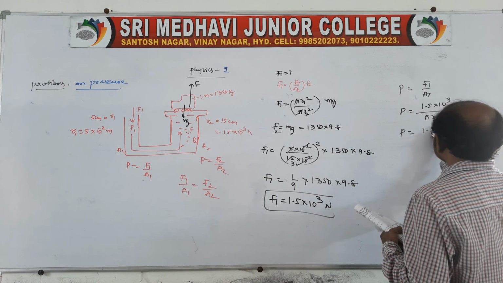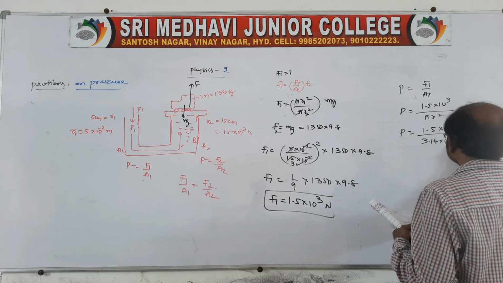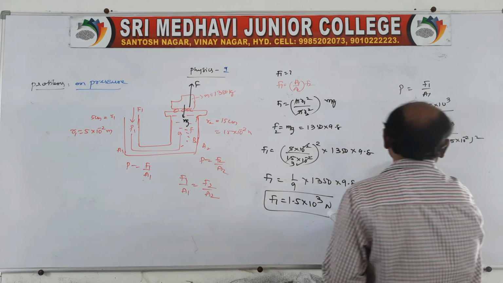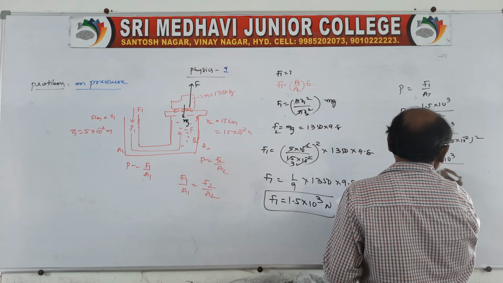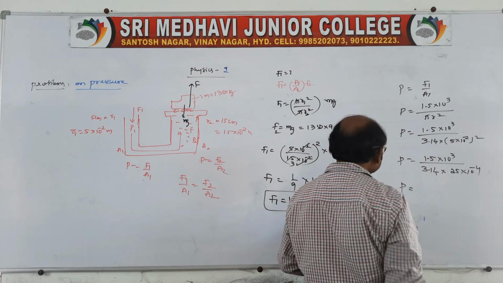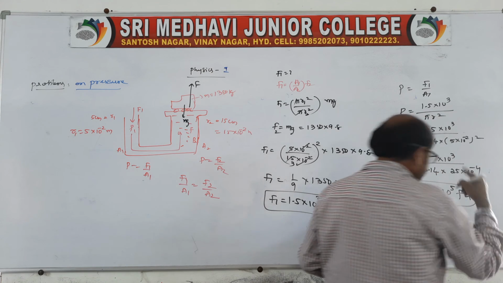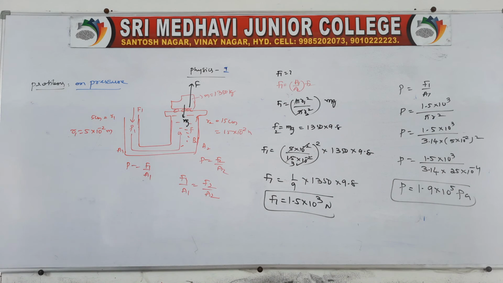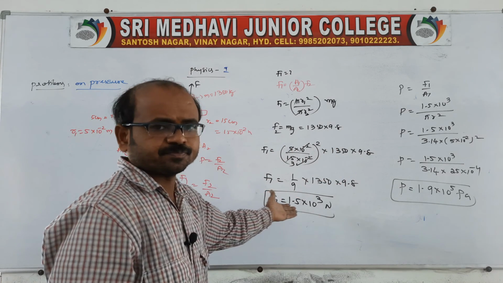So it is 1.5 into 10 power 3 by 3.14 into 5 into 10 power minus 2, whole squared. So the pressure is 1.5 into 10 power 3 by 3.14 into 25 into 10 power minus 4. After simplification, we will get a pressure of 1.9 into 10 power 5 Pascal. This is the pressure required to complete this task. According to the given data, this much pressure and this much force are required.